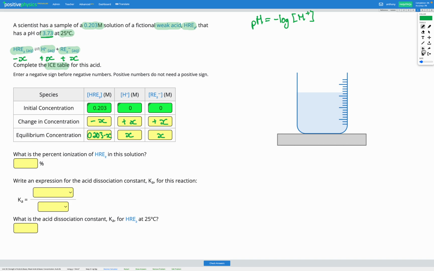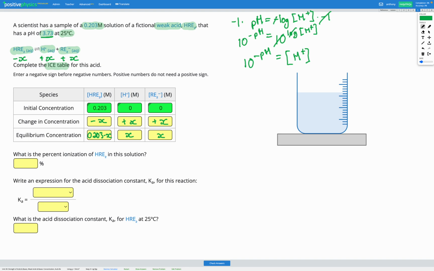First, I'm going to multiply both sides by -1 to get rid of that minus sign on the right. Then I'm going to do 10 to the power of, because the inverse function of log is 10 to the power of. So we've got 10 to the power of negative pH is equal to 10 to the power of log the concentration of H plus. And 10 to the power of and log cancel to give us 10 to the power of negative pH is equal to the concentration of H plus.